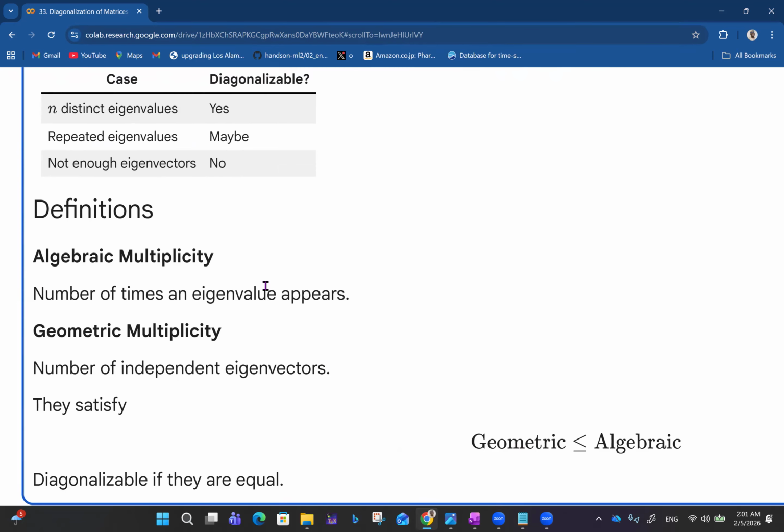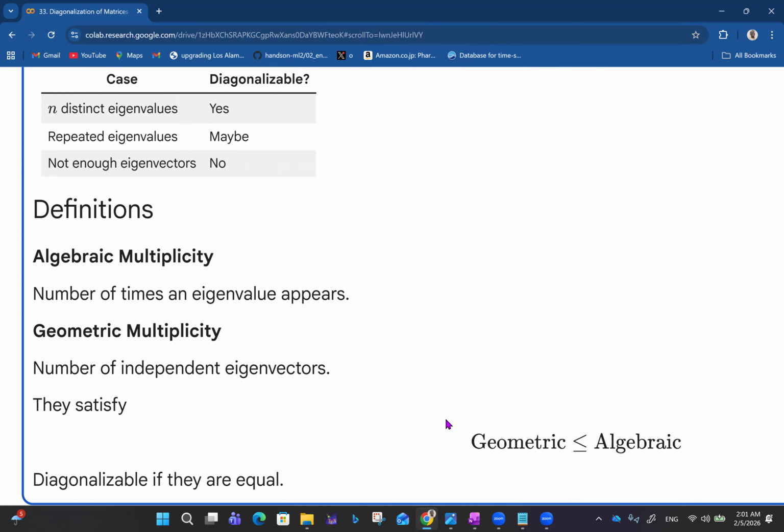So the fact that an eigenvalue appears a number of times does not necessarily correspond to you having that number of independent eigenvectors. Geometric multiplicity is always less than or equal to algebraic multiplicity, right?